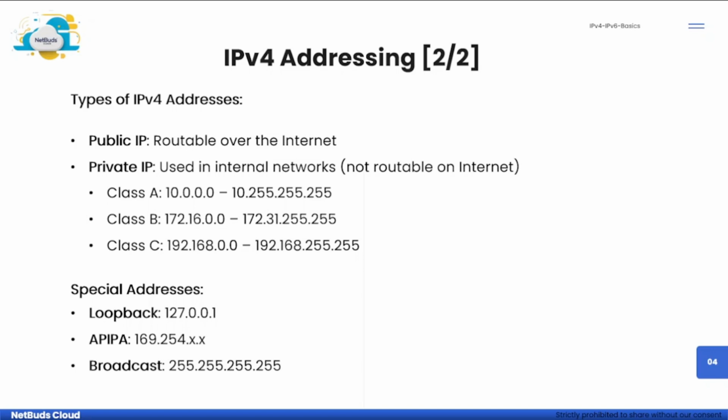For class B, the private range is 172.16.0.0 to 172.31.255.255. It has subnet mask /12. For class C, the private IP address range is 192.168.0.0 to 192.168.255.255, and it has subnet mask /16.